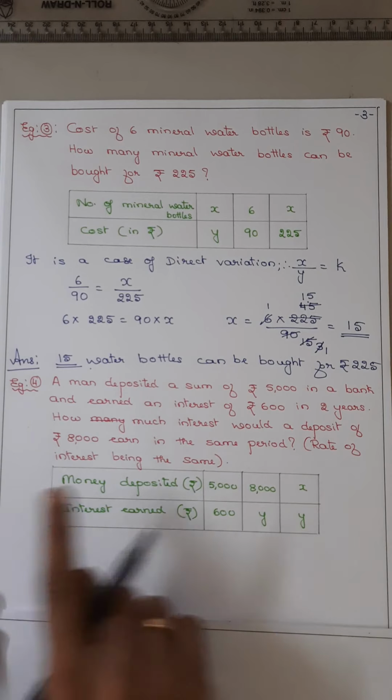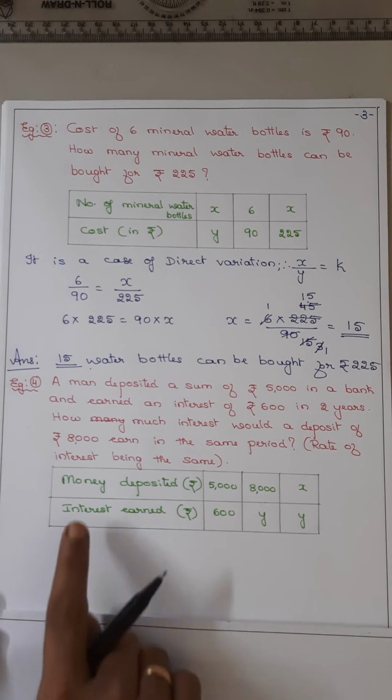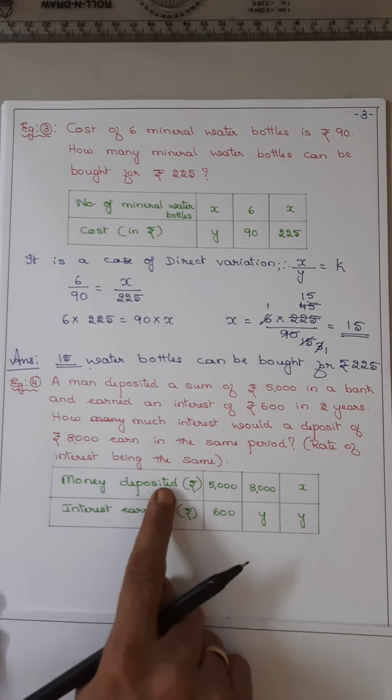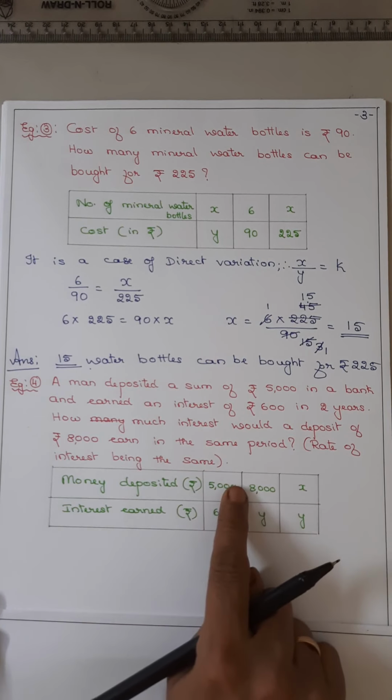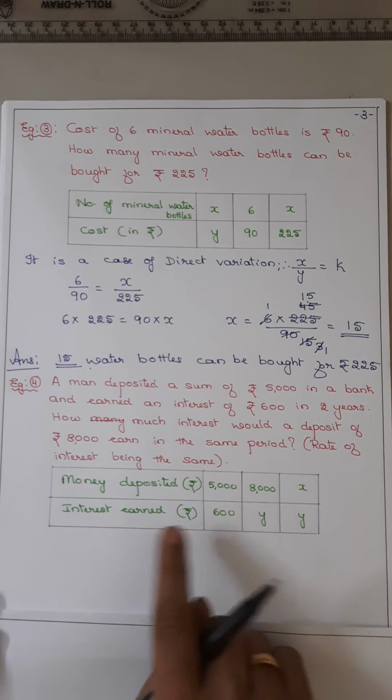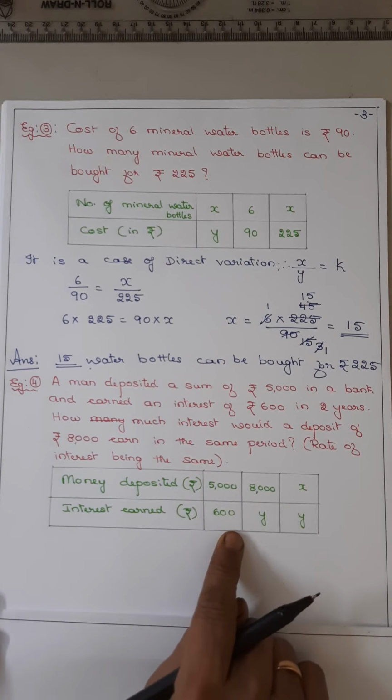Now make the table, draw the table. Money deposited in rupees 5,000, you got interest earned is 600.